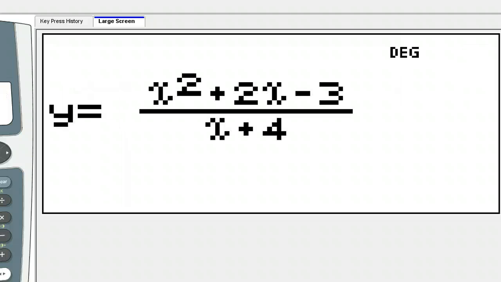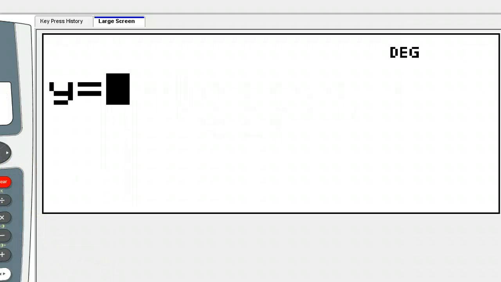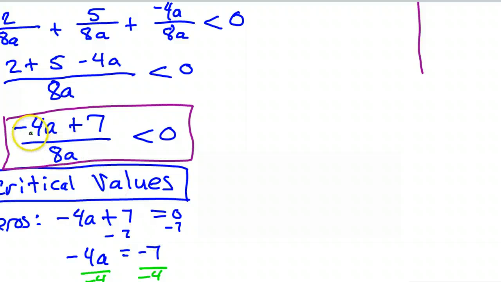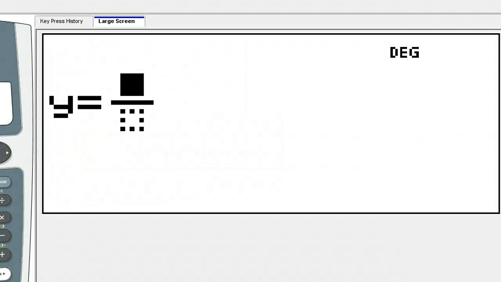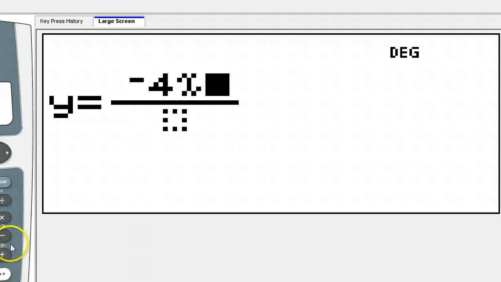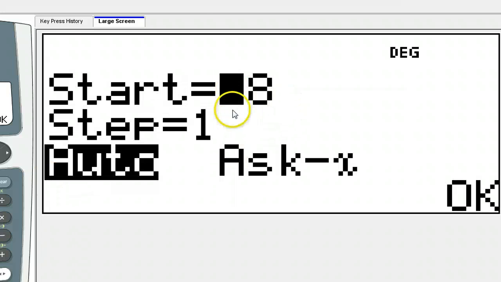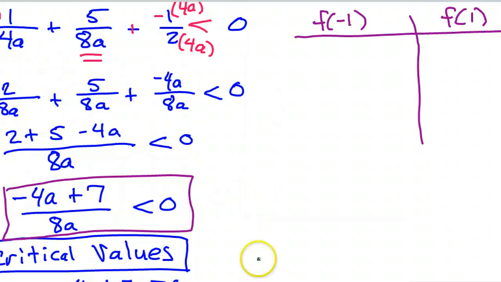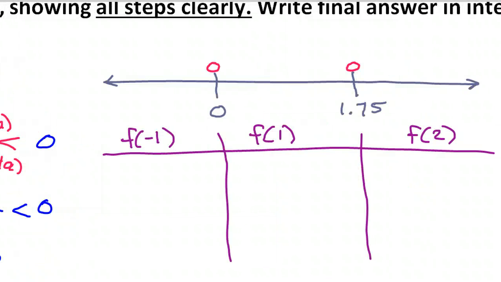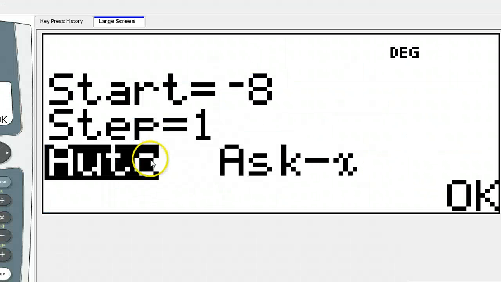I'm going to use the table feature, so I hit that table button to the rescue, and I'm going to type in this function. So -4, I'm going to use x's, so -4x plus 7, fraction mode, -4x plus 7 over, what was it, 8x? Okay. So I hit enter. Now it asks me where I want to start. Well, I am testing these critical values here, so I'm going to start at -1. Let's start at -1.